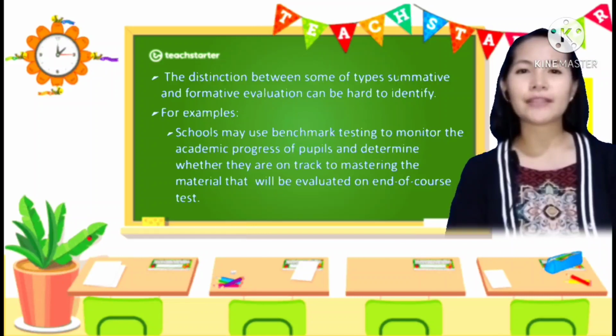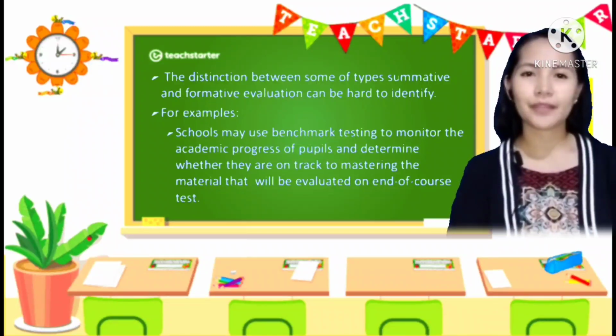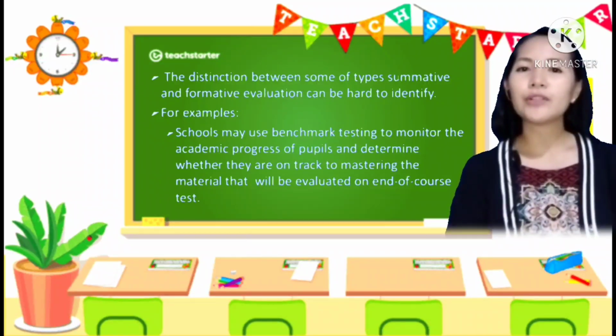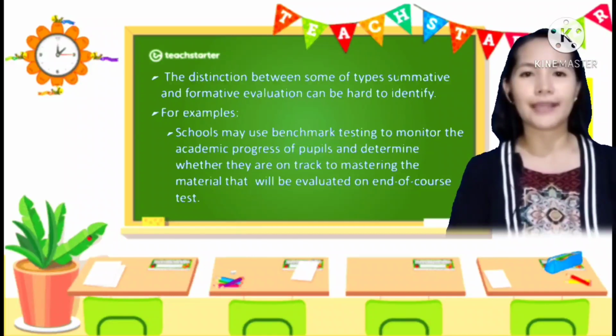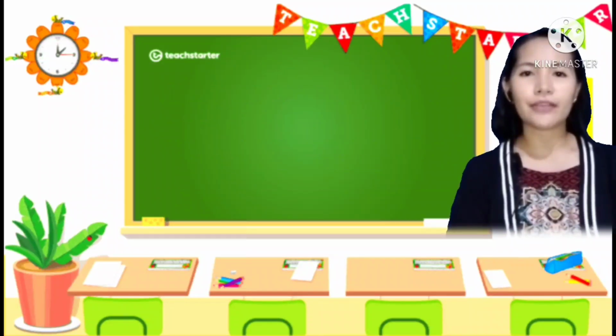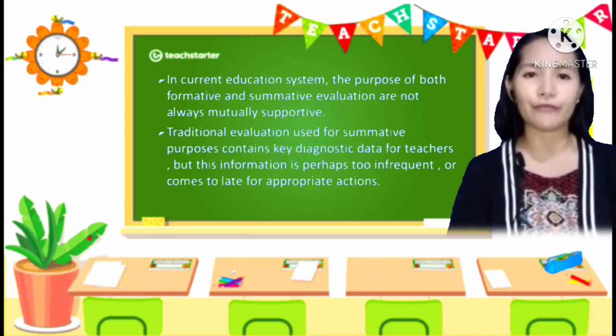The distinction between some types of summative evaluation and formative evaluation can be hard to identify. For example, schools may use benchmark testing to monitor the academic progress of pupils and determine whether they are on track to mastering the material that will be evaluated on the end-of-course test. Some educators consider this interim test to be formative. They are diagnostic and help modify learning techniques, but others may consider them to be summative.